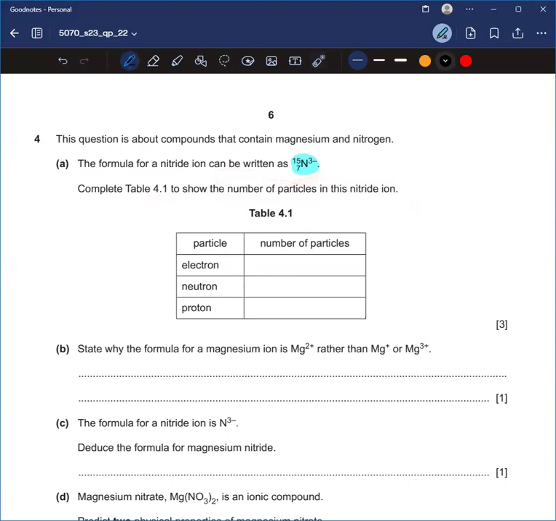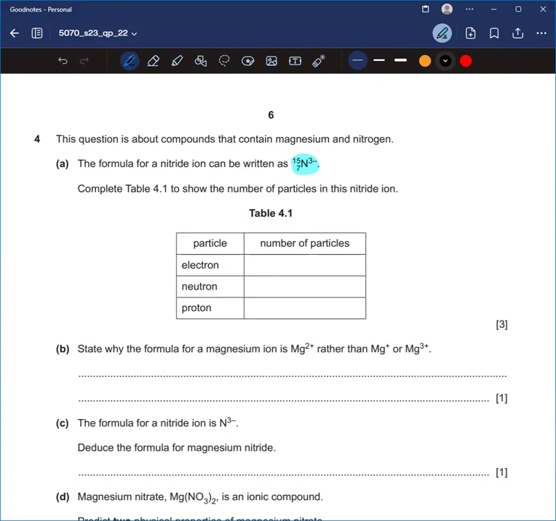As we know, 3 negative means, if there is a negative sign, for example 3 minus here, this means 3 more electrons than protons. Whatever the number, if it's with a negative sign, we add the number given with the sign to the proton number.